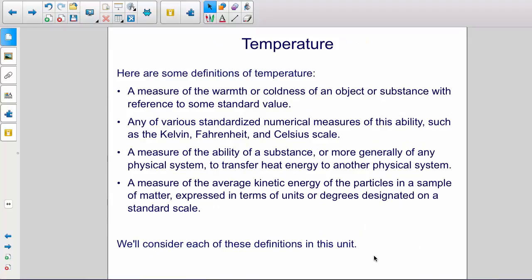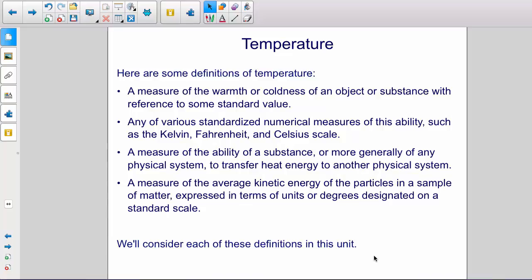So, what is temperature? Here are some definitions. A measure of the warmth or coldness of an object or substance with reference to some standard value. Any of various standardized numerical measures of this ability, such as the Kelvin, Fahrenheit, or Celsius scales.